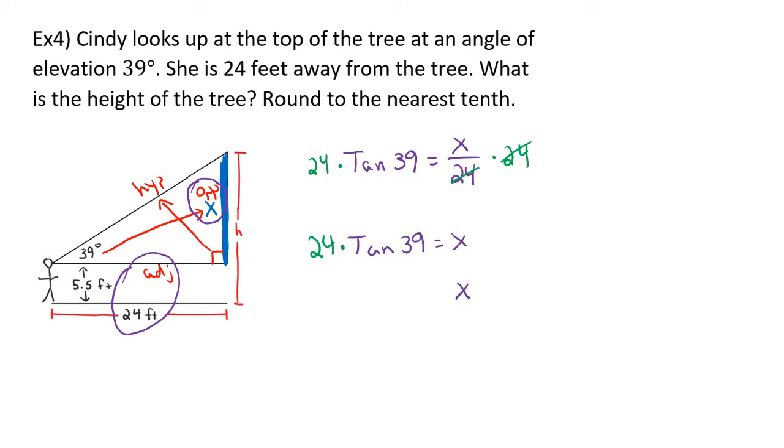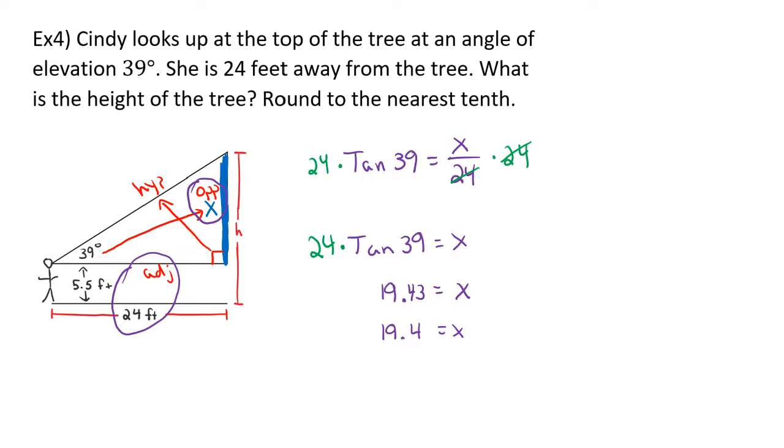Now x is already by itself on the right side, so we're just going to go ahead to the calculator and type in 24 times tan 39, and we're going to have 19.43. Now it said round to the nearest tenth, so it's really going to be 19.4 for x.